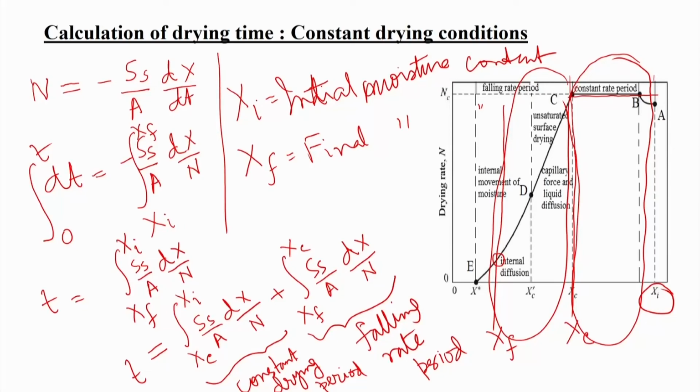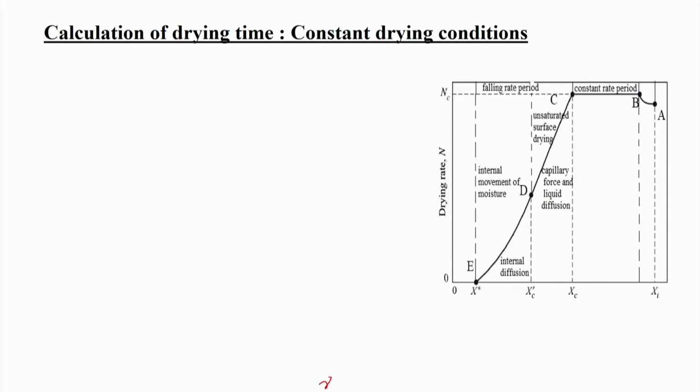Drying rate will remain constant at Nc till xc, so N will be converted into Nc, because from xi to xc the drying rate remains constant. Now, for the first falling rate period and the second falling rate period we will be discussing.